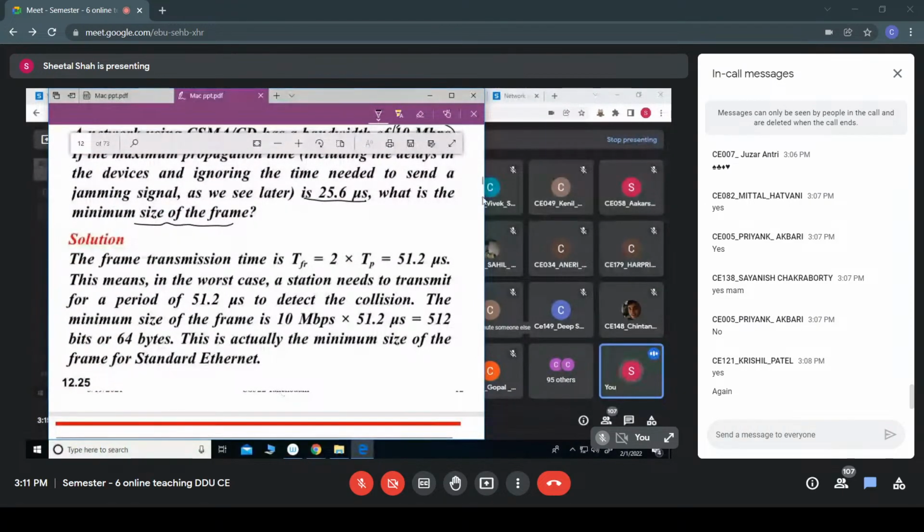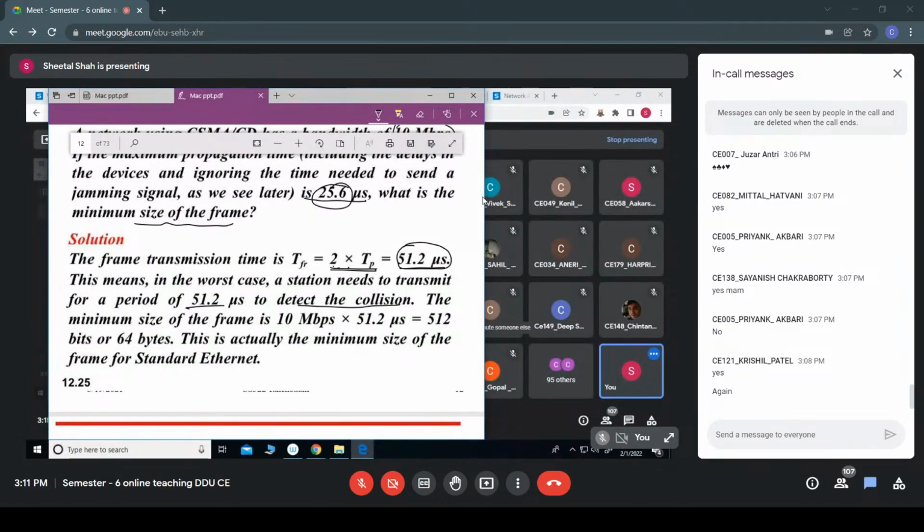The frame transmission time is equal to twice the propagation time, and it is given that the propagation time is 25.6 microseconds. Multiplied by 2, it would be 51.2 microseconds. That means I have to choose the size of the frame such that up to 51.2 microseconds, it would continuously transmit the frame. This means in the worst case, a station needs to transmit for a period of 51.2 microseconds to detect the collision.